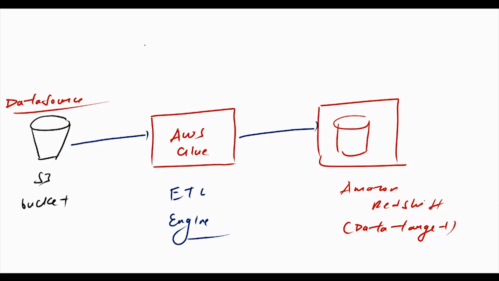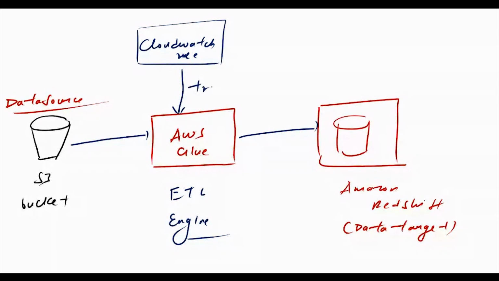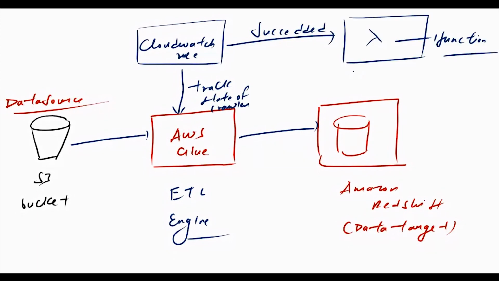Now what we are doing, we have created a CloudWatch rule. This rule will track the state of the crawler, and on the basis of it, it is going to call the Lambda function, which will execute the job.